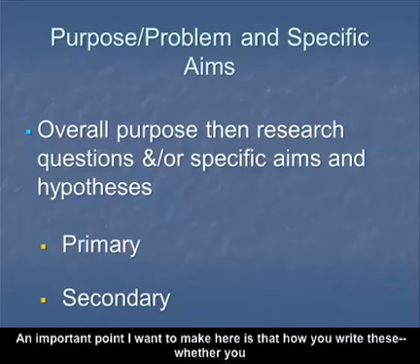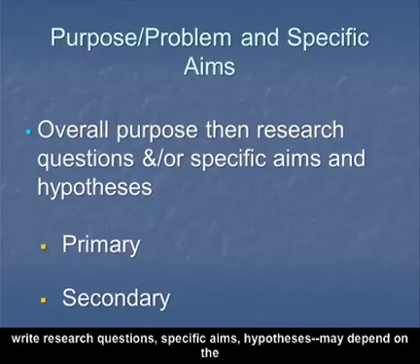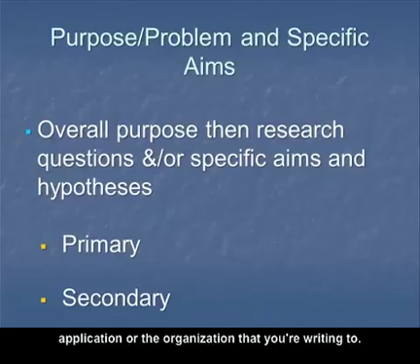An important point I want to make here is that how you write these, whether you write research questions, specific aims, or hypotheses, may depend on the application or the organization you're writing to.